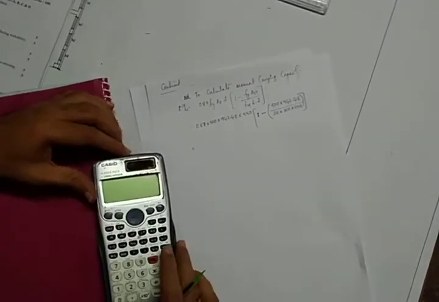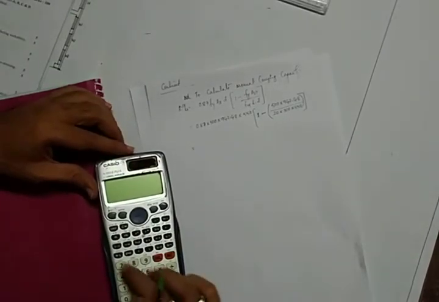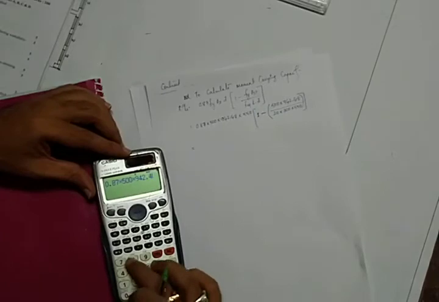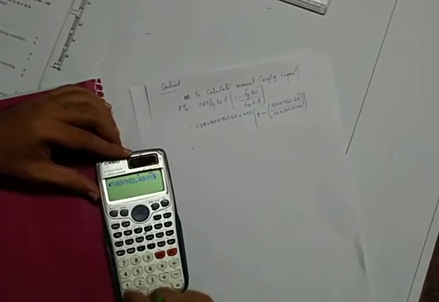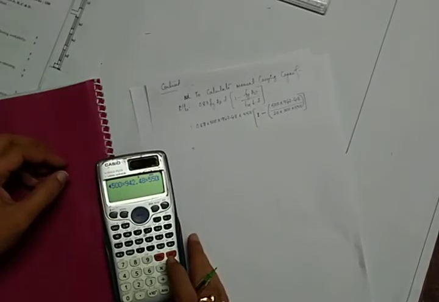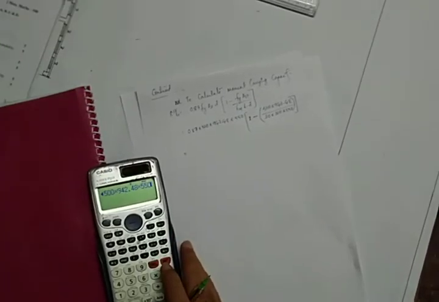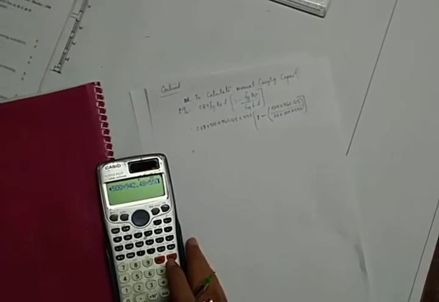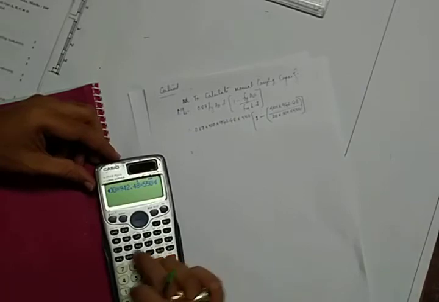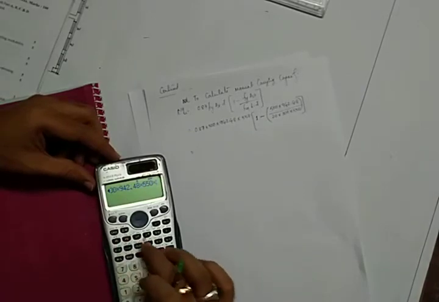So now use the calculator very carefully. I hope this is visible to you now. 0.87 into 500 into 942.48 into 550. I hope this is visible. Okay, 550 into, so put a bracket here.